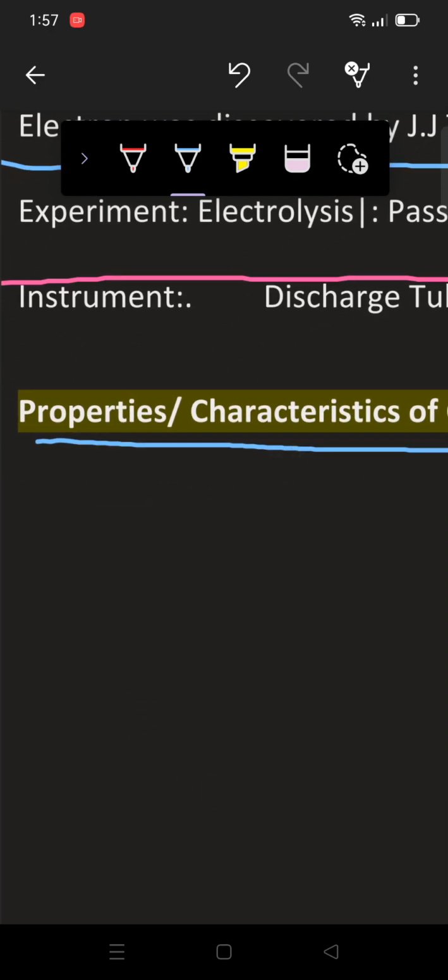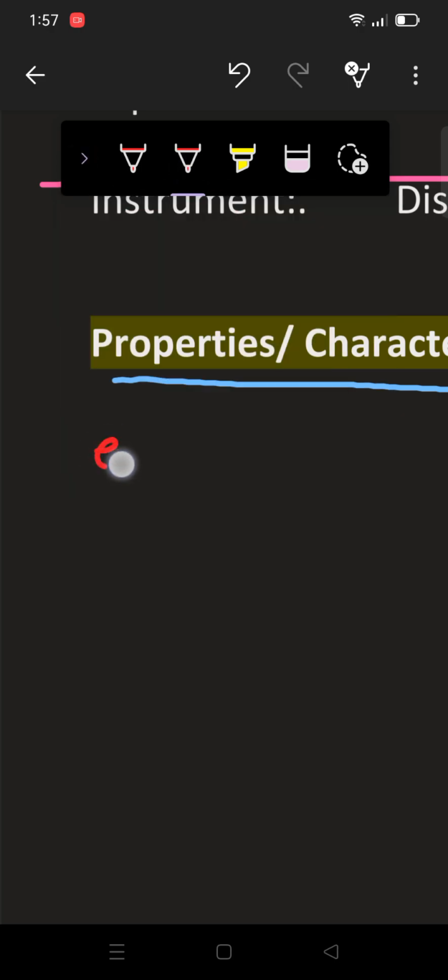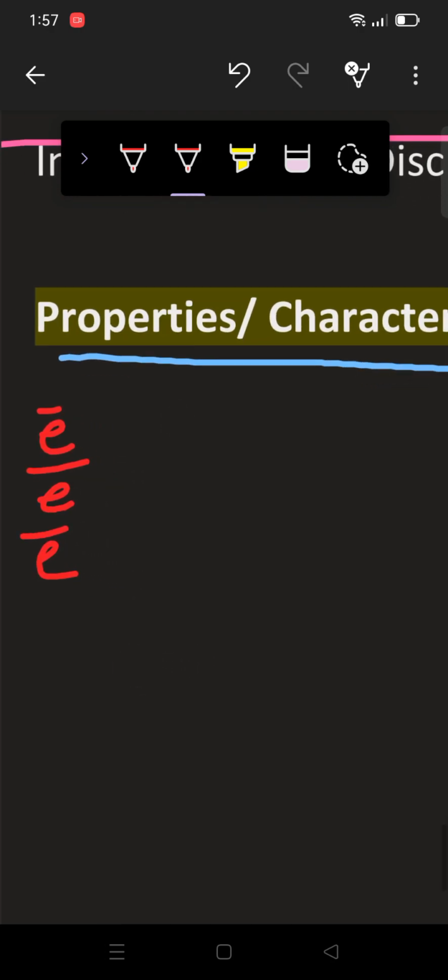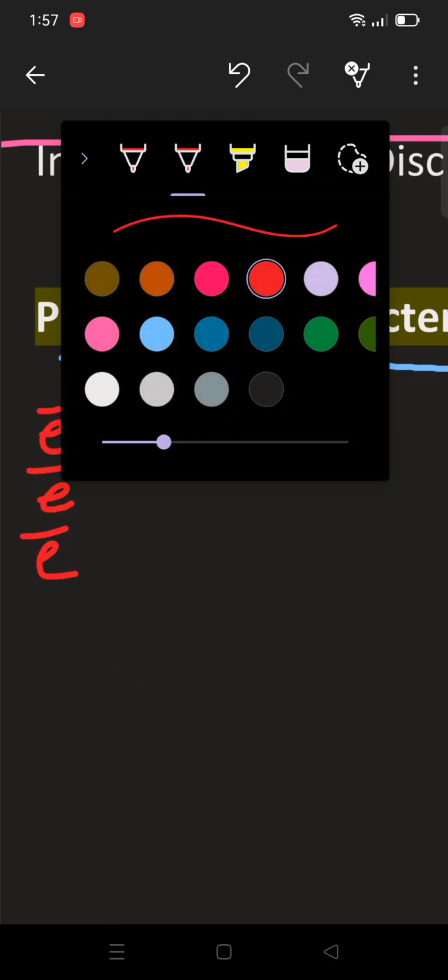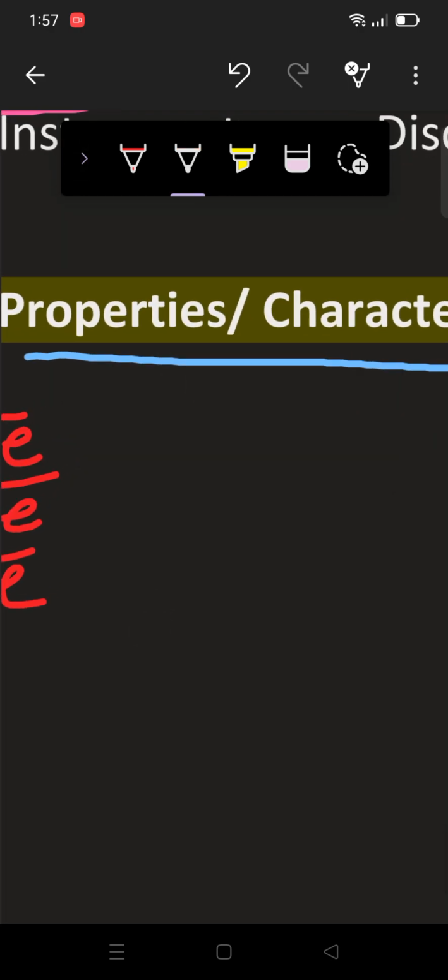The first thing: they move in a straight line. These rays travel in straight lines and perpendicular to the cathode surface, right? So, for example, we have cathode particles, electrons, negatively charged. We are going to identify the charge of it as well. We don't know if it is negatively or positively charged, but we are going to identify it. So here we have electrons.